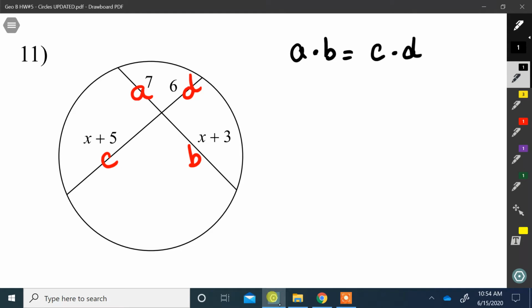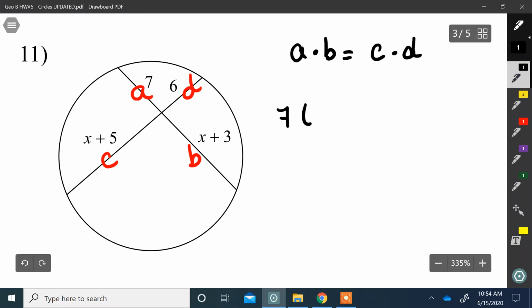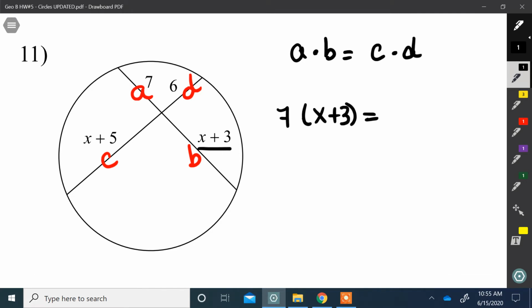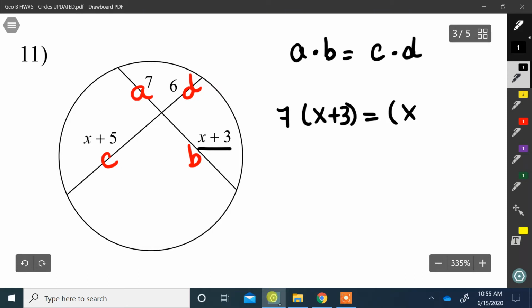So let's solve this problem. We have A, which is 7, times, I'm going to put parentheses in there because I have an x plus 3. So I have to multiply by everything. X plus 3 right there is equal to, well, C in this case is x plus 5. And then D is 6.